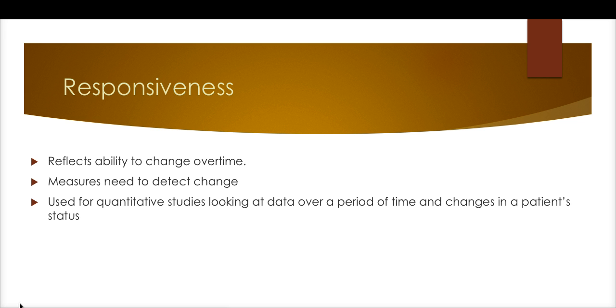And that is what you're looking at. You're looking at usually quantitative studies, and you're looking at data over a period of time and a change in the patient's status. So if your patient improves in a particular characteristic, you would want to know that the measure you are using is willing to detect or respond to that change.